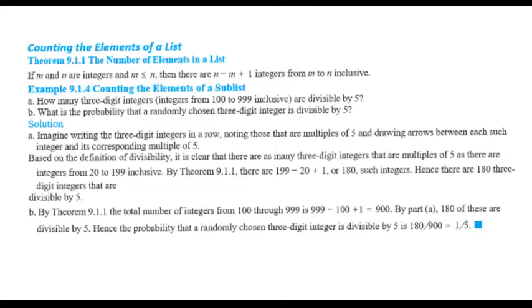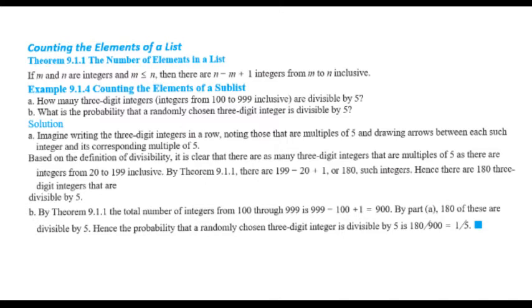So by the definition of divisibility, we can conclude that there is a one-to-one correspondence between the 3-digit integers that are divisible by 5 and the integers from 20 to 199 inclusive.